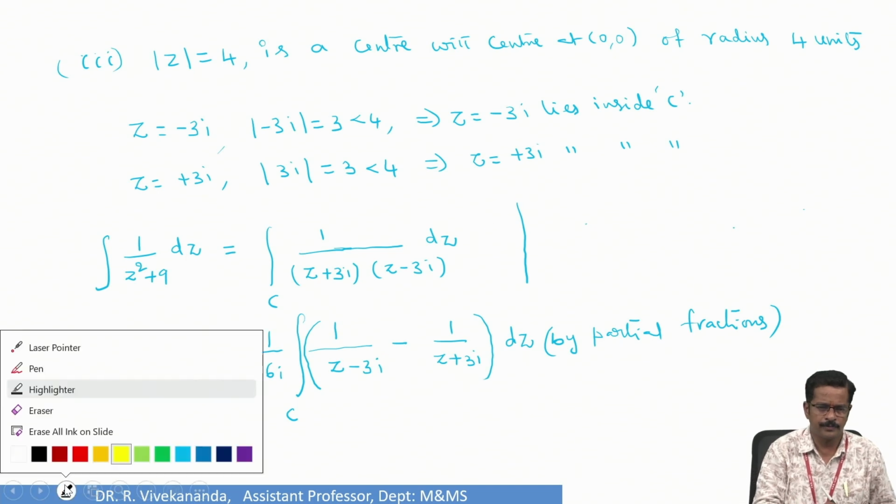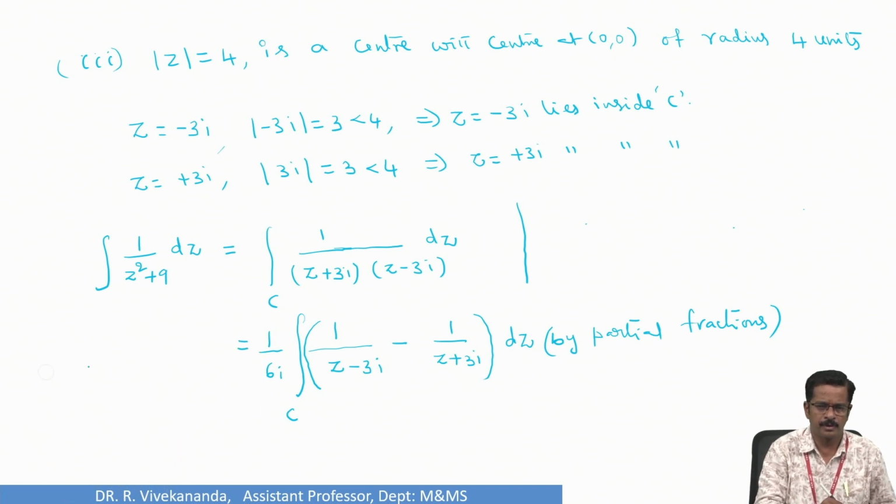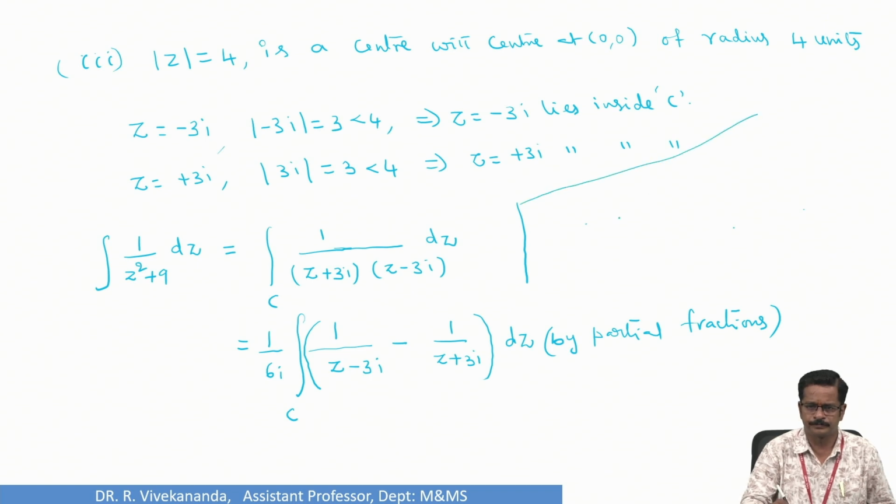That is, 1 by 6i times integration over C of 1 by z minus 3i dz, minus integration over C of 1 by z plus 3i dz.